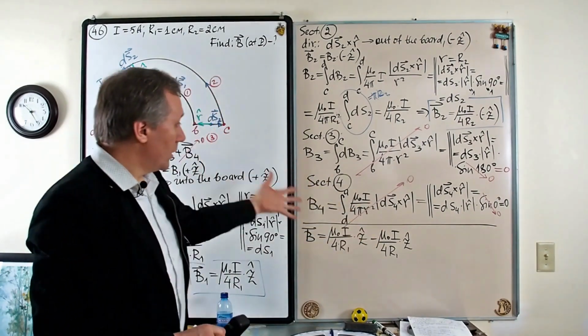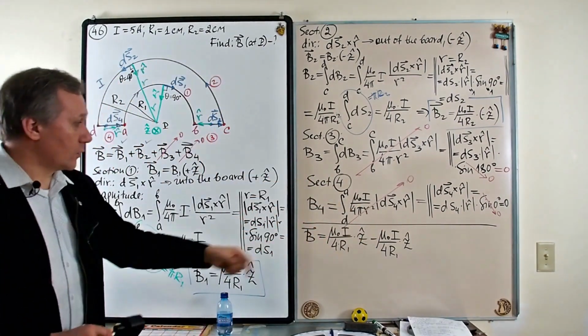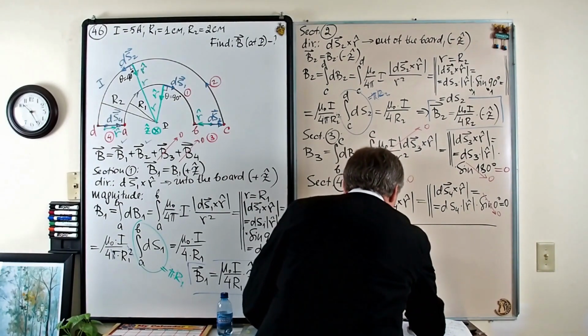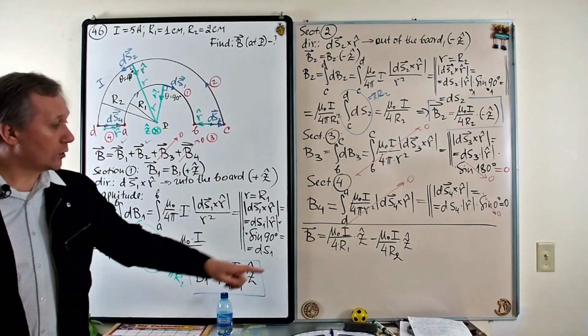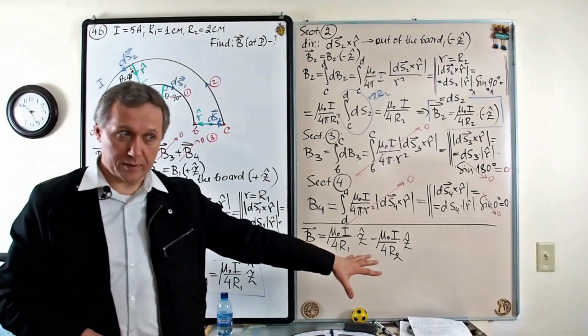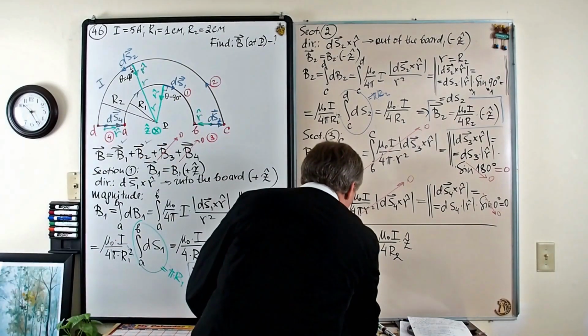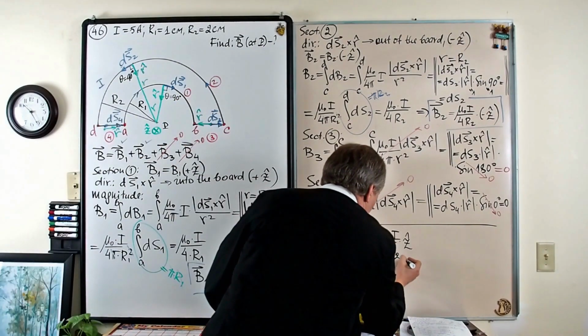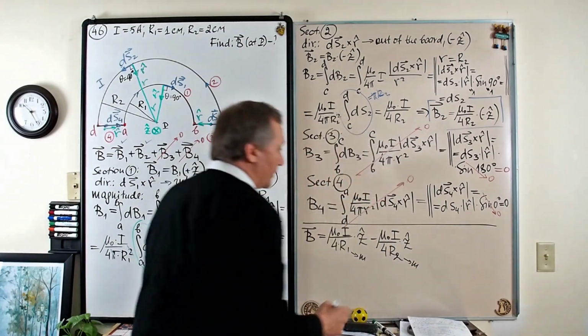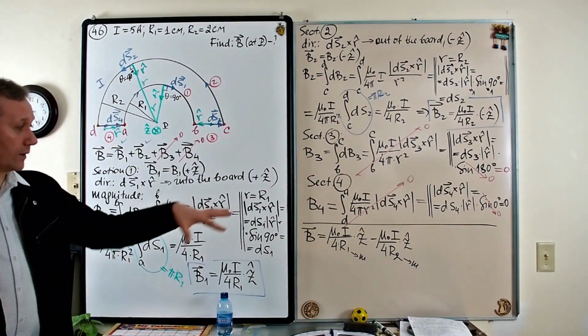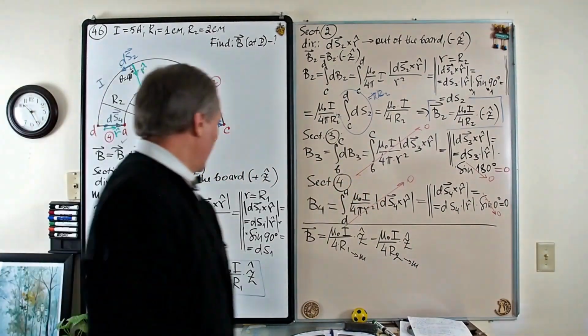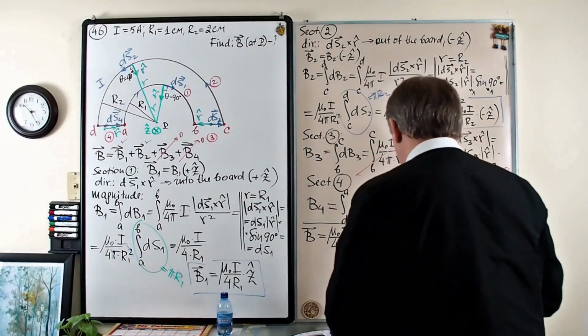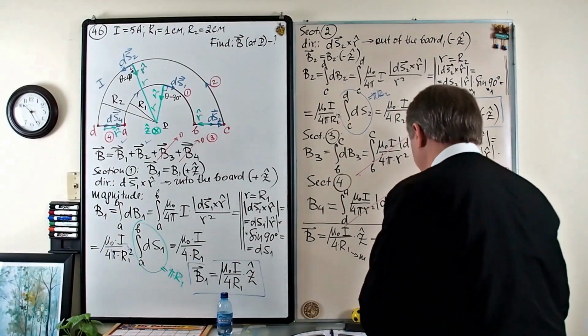Okay, so now everything is given. Don't forget, this is R2. Everything is given, and don't forget that radii must be in meters. Let me emphasize that. R1 must be in meters, and R2 also must be in meters. So if you plug in all the values, you will end up with the answer.